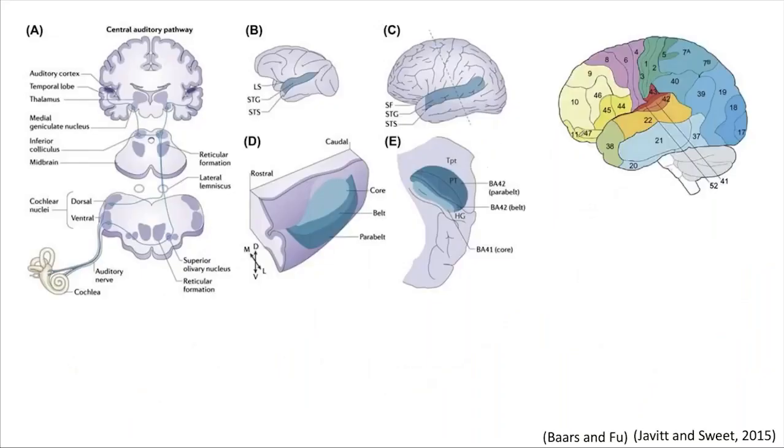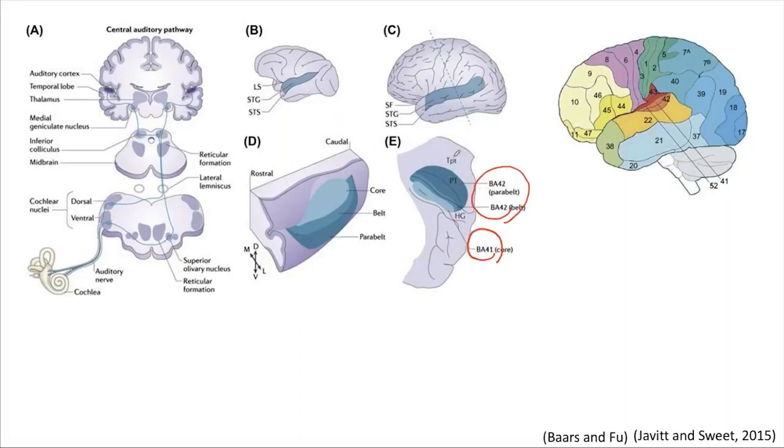If you remember, we discussed the Brodmann areas. Here you can see different Brodmann areas. The primary auditory cortex is Brodmann area 41, and then the secondary one is going to be Brodmann area 42. So just keep those numbers in your mind.